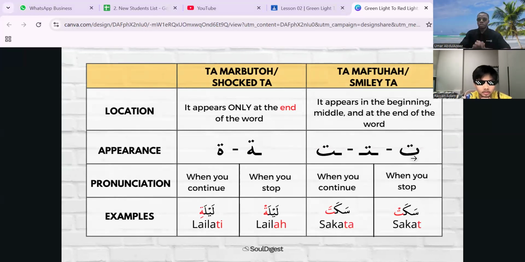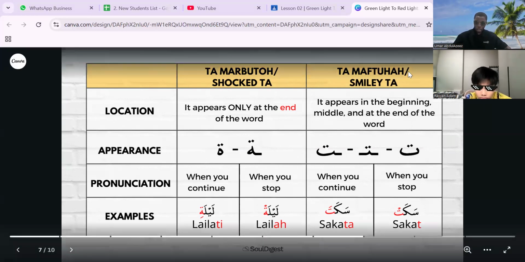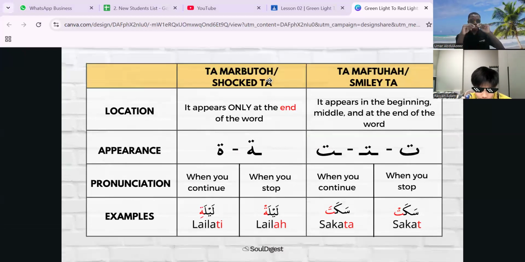Now, let's see this table. Let's analyze and check very well. We have ta maftuha and ta marbuta. Actually, I told you that ta marbuta is the round ta, right? Its face looks shocked, like the diagram we saw before.